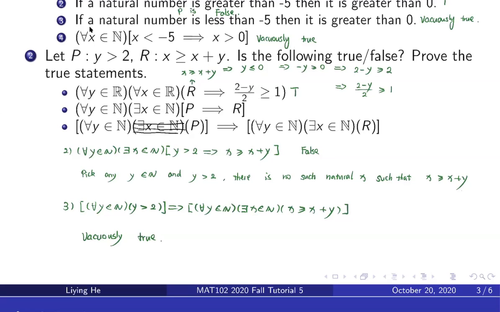For all y in natural number, y is greater than 2. Is this true or false? Okay, this is false. So since your hypothesis is false, the whole implication is true. So this is vacuously true.